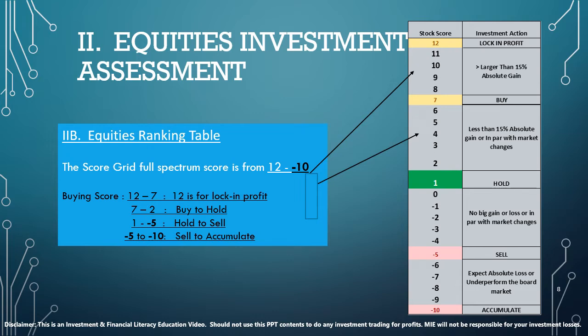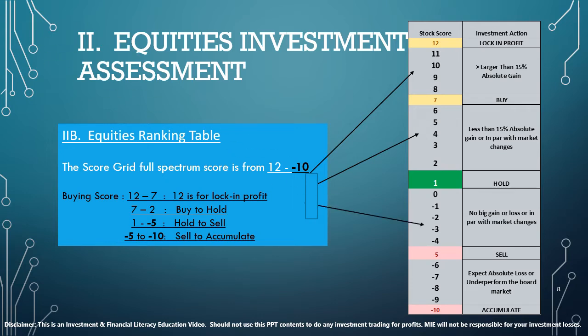You have some certain upside, but when the ranking gets lower, it tends to be just a hold and wait for time to lock in profit and buy at a lower price. No need to sell all the positions, okay?